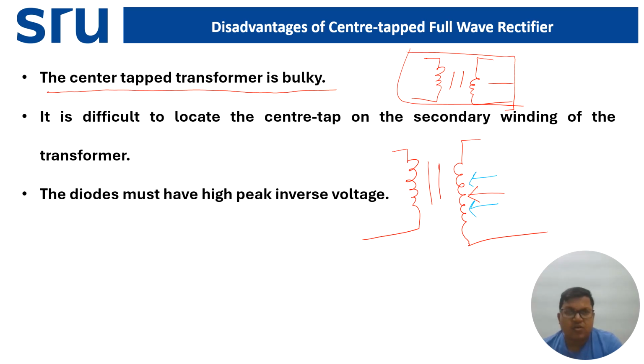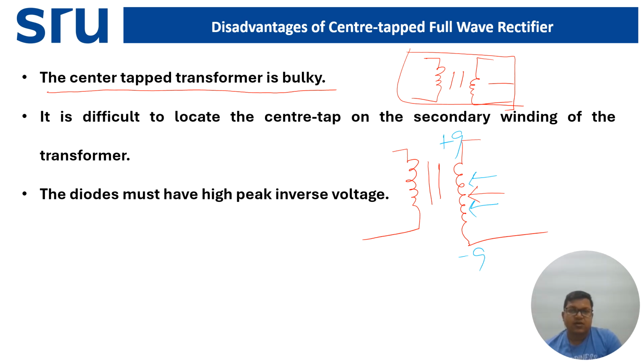The coil number of turns we need to count, and at the exact middle it will give exactly half the voltage of the two ends. If it is like plus 9 and minus 9, total is 18 volts, then you have to exactly find the middle.